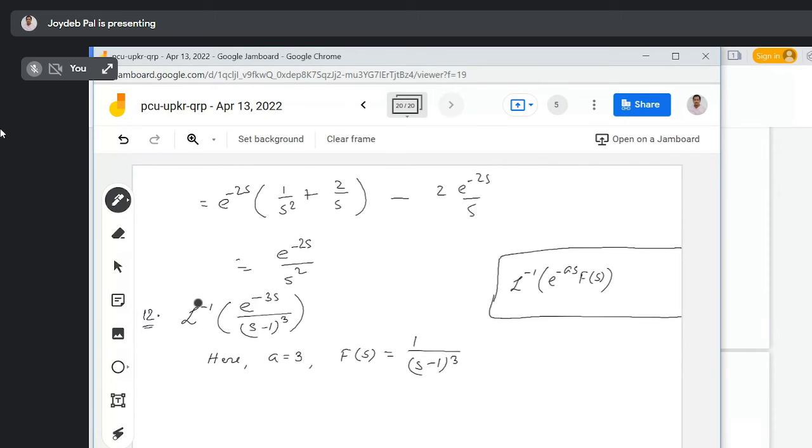First shifting is different. I am applying second shifting, so it is F(s). It is f(t minus a) u(t minus a), right? So now you compare. What is small a, and what is F(s)? Is it clear? a is 3 and F(s) is 1 by s minus 1 whole cube. I am writing these terms by matching with the formula.